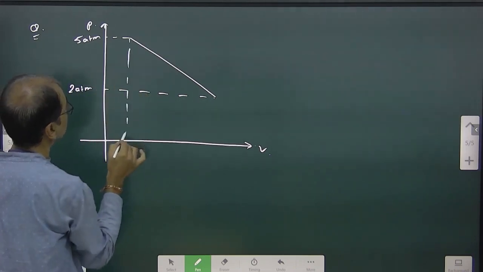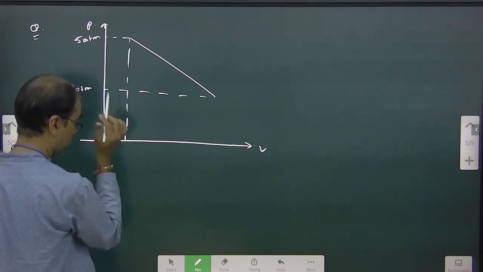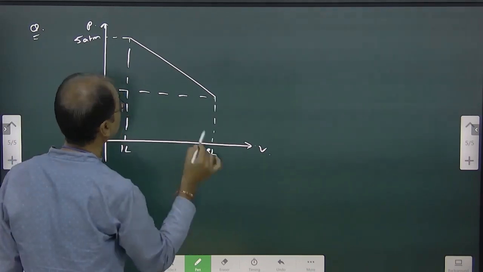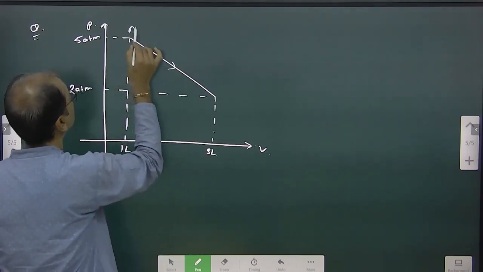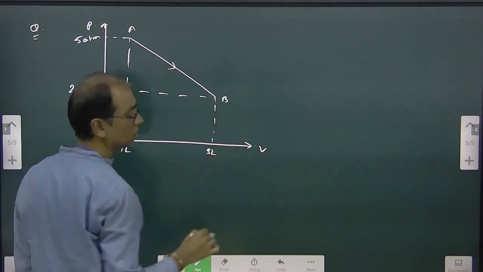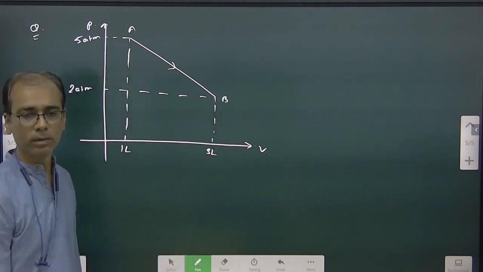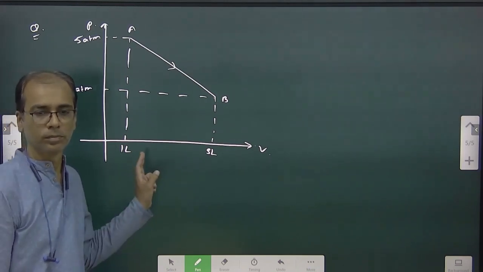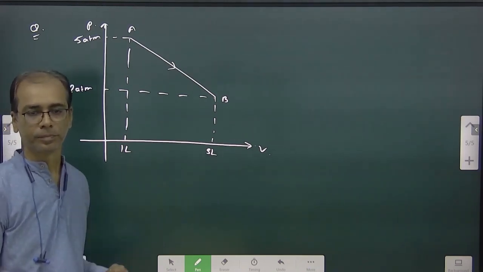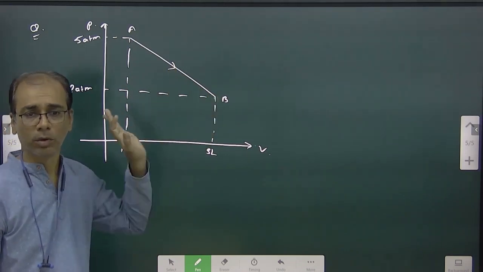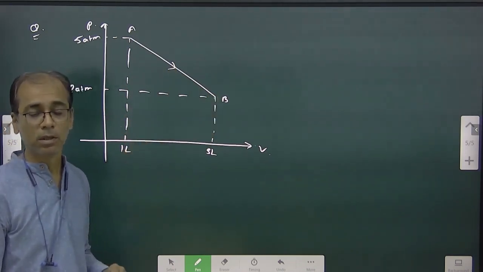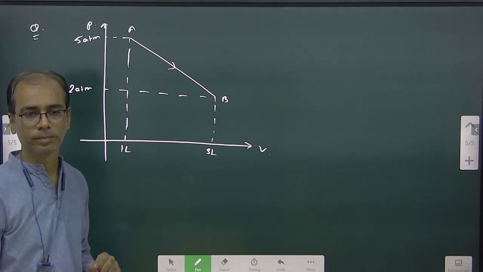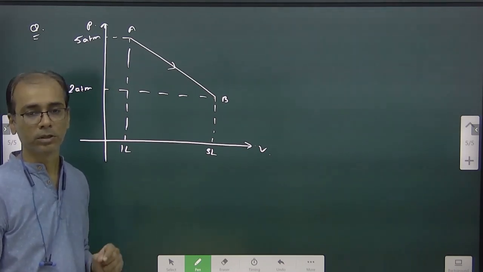This is volume. How much did we take? 1 liter, and this was 3 liter. The process is like this. In this one, is the work done positive or negative? Positive. Volume is increasing. Pressure is decreasing, no doubt, but still volume is increasing. Volume increases means expansion, expansion means positive work. Okay, work done will be positive.